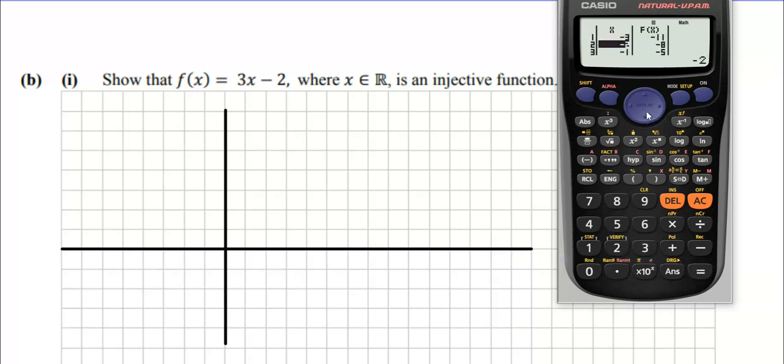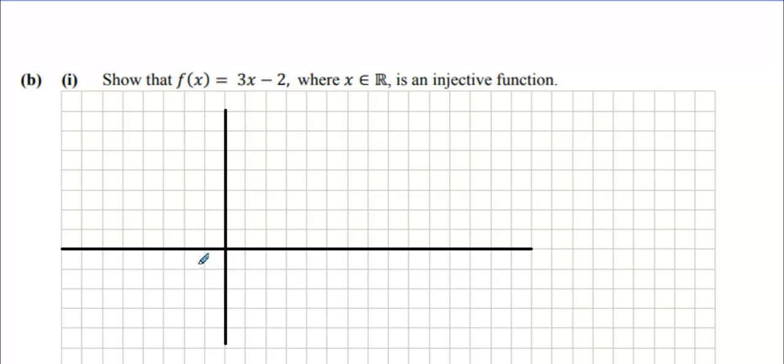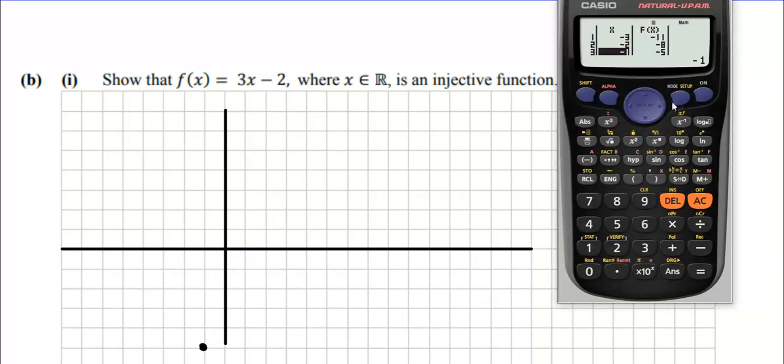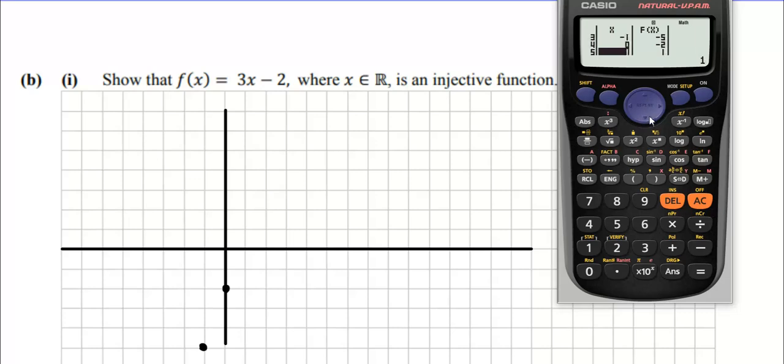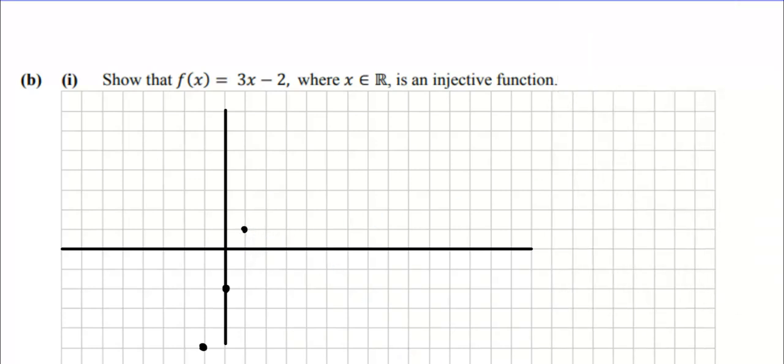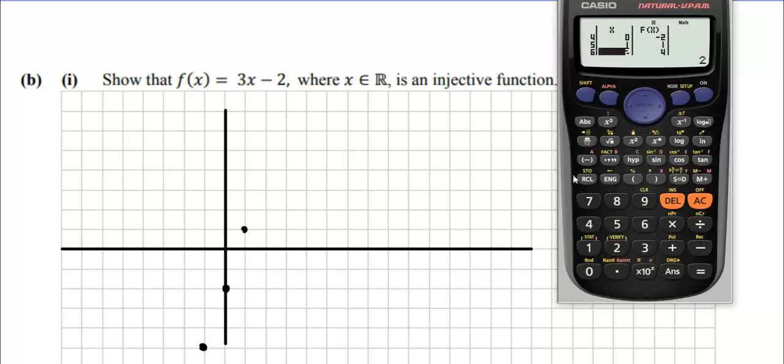I'm going to make some easy points for myself. Minus 1, minus 5. Where would that be located? 1 across and 5 down. Where's the next one then? 0, minus 2. And 1, 1. What's the next one? 2, 4.